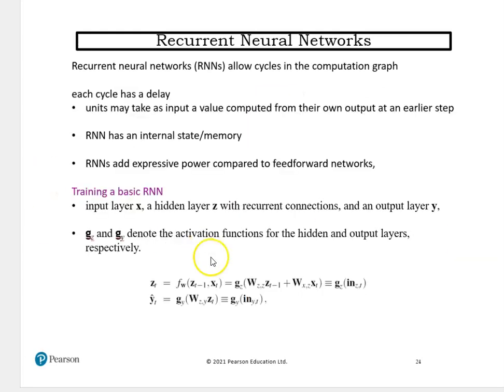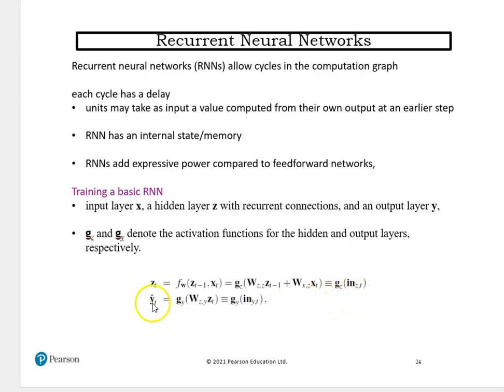So if we go back to our equations here, we say that zt is a function of the hidden layer state at t minus 1 and the input at time t, which is going to be some activation function times the weight times zt minus 1 plus the weight times x, the new input at time t.